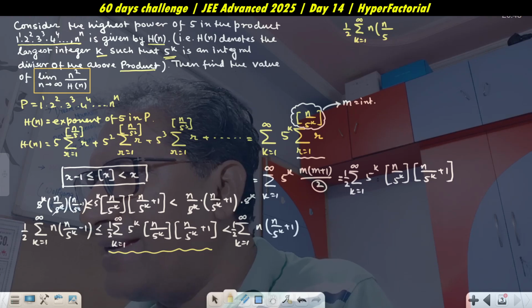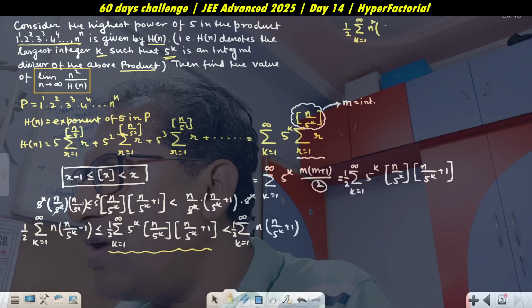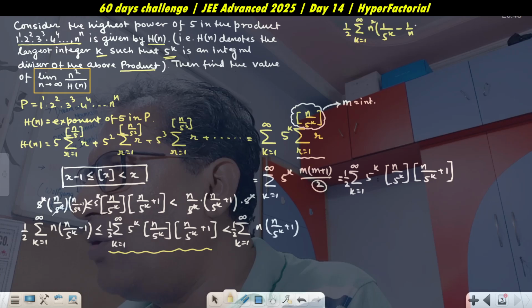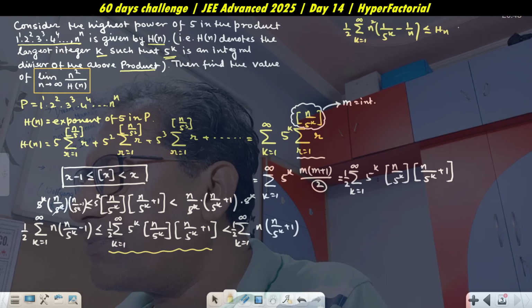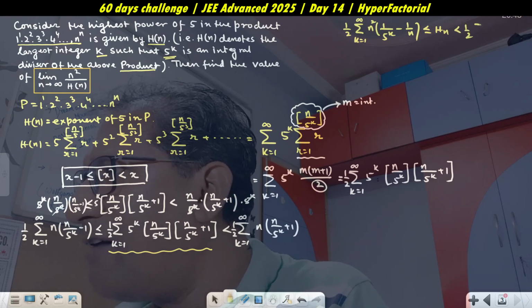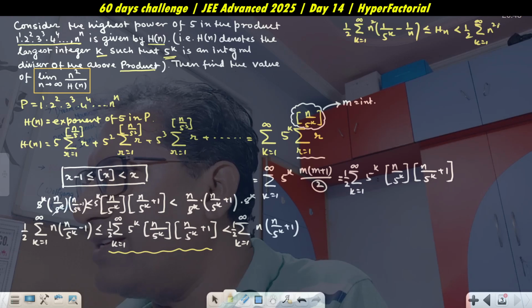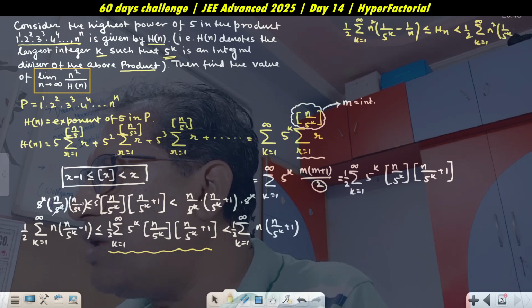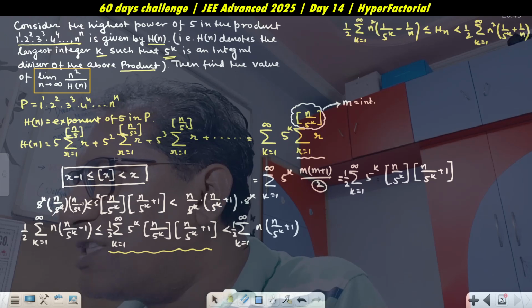Or I can do one thing. I will take one n common, so it will become n square, 1 over 5 to the power k minus 1 over n, which is less than or equal to your Hn, less than half sigma k from 1 till infinity. Again, you take n common, so n square is outside, 1 over 5 to the power k plus 1 over n, right? Now, let me divide both sides by n square.